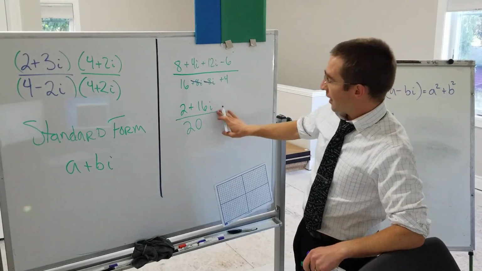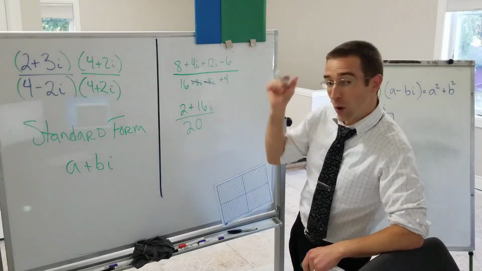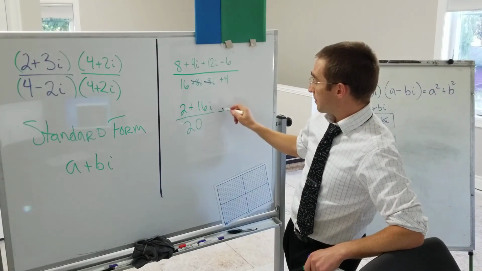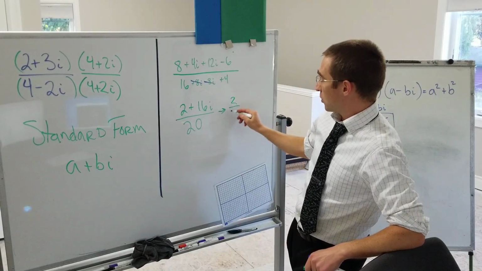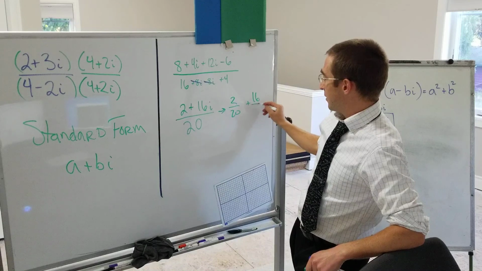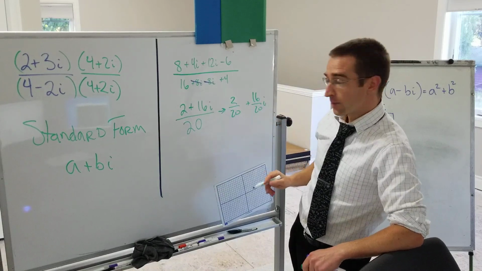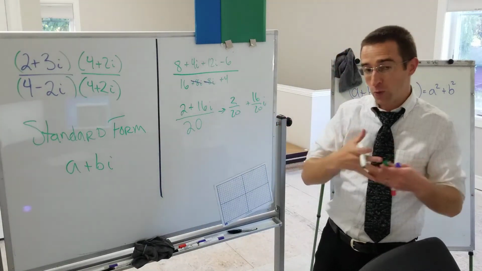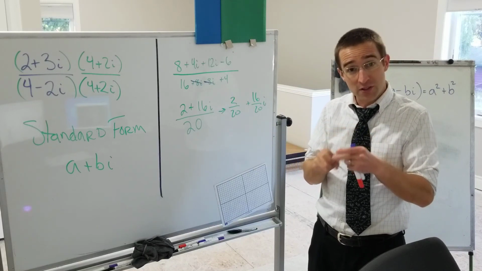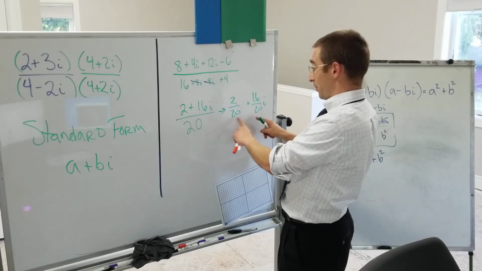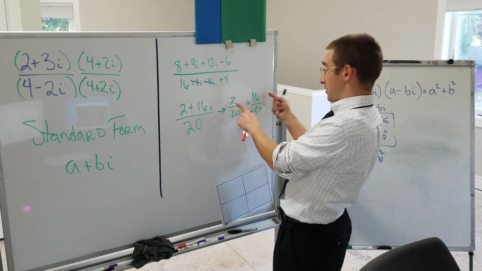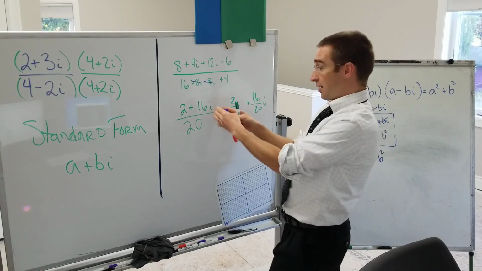So anytime you have a fraction and you have one number in the denominator, you can split the fraction into 2 over 20 plus 16 over 20 i. Because this is just working backwards adding fractions, right? If you add fractions, you need a common denominator. If I were to add this together, it'd be 2 plus 16i, all over 20. I'm just splitting it.